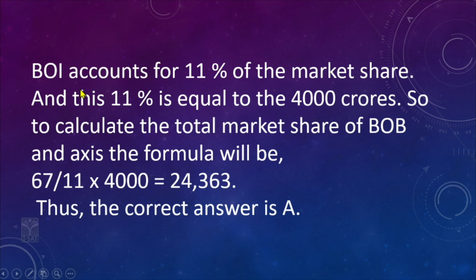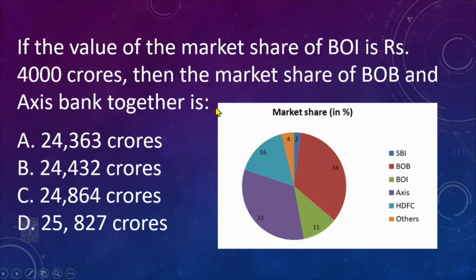Now we will see how. The Bank of India accounts for 11% of the market share. This one, the 11%, will be equal to 4,000 crores. Then you have to find the share together of Bank of Baroda and Axis Bank.